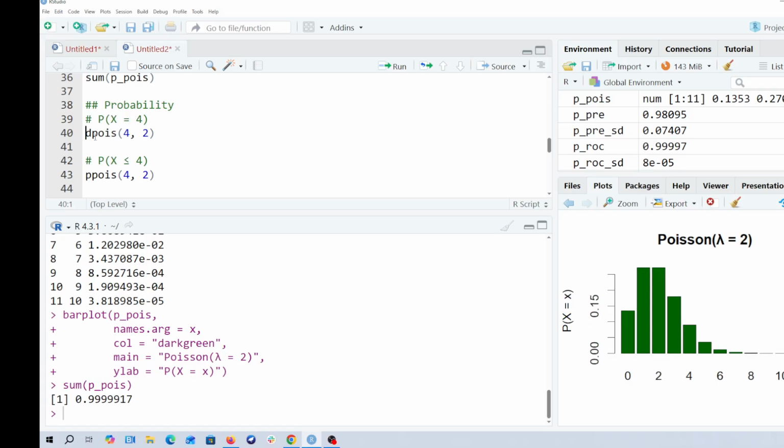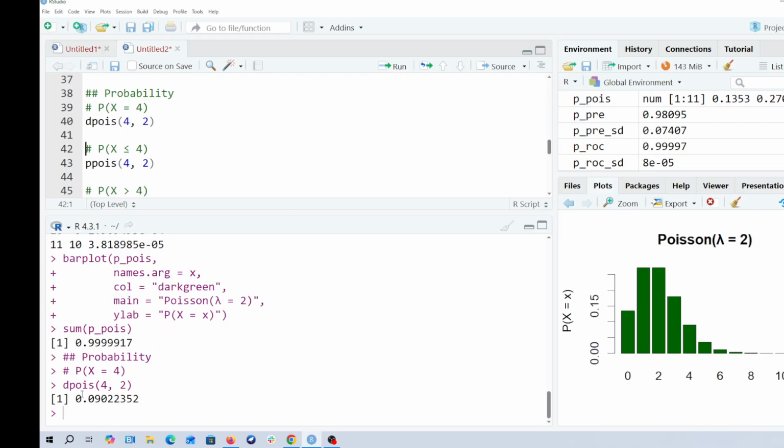And then in the case of calculating probabilities, if it is something which is P of x is equals to 4, we are going to use the dpois, where the value of lambda here is 2, and then x is equals to 4. So we run this, we're going to have that probability, which is 0.09, something like that.